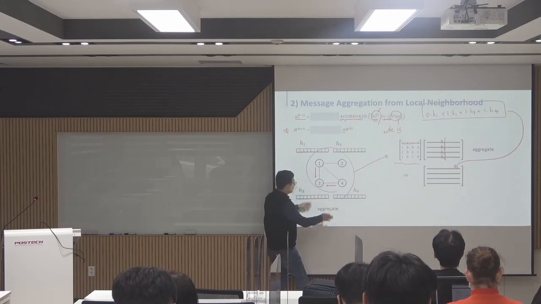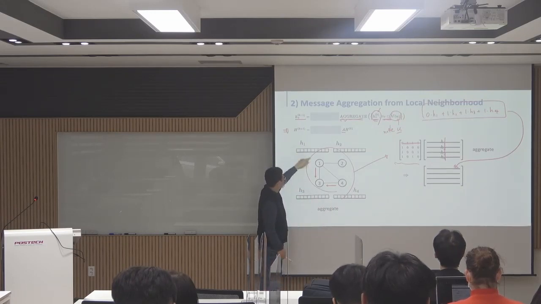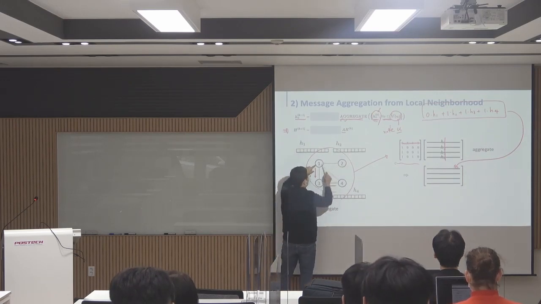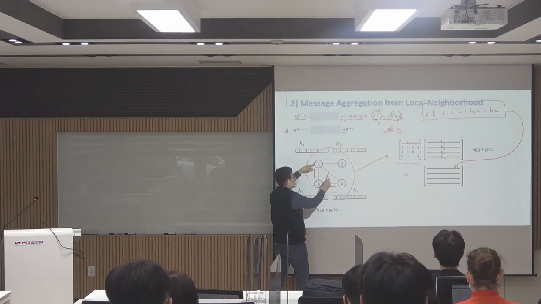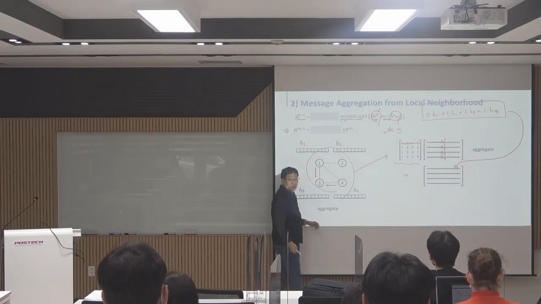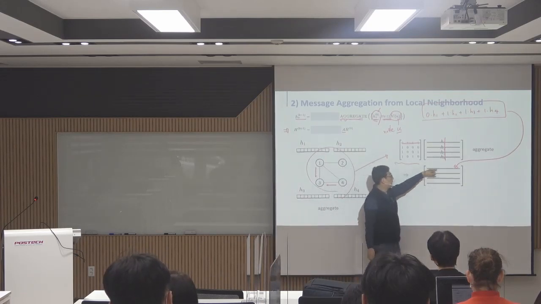So for the update, I want to do aggregations for this guy. How to do it? Just take the connected messages, h of 2 and h of 3 and h of 4, and do summations. This will be the updated one.